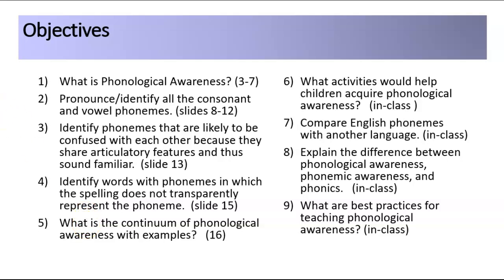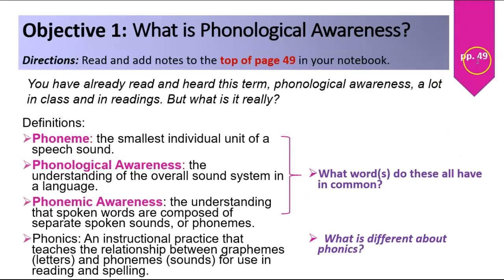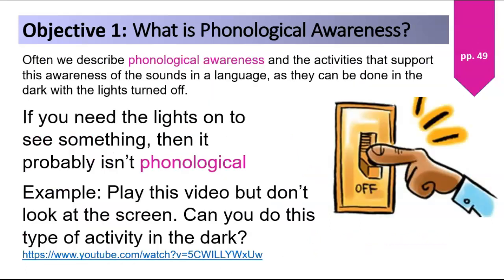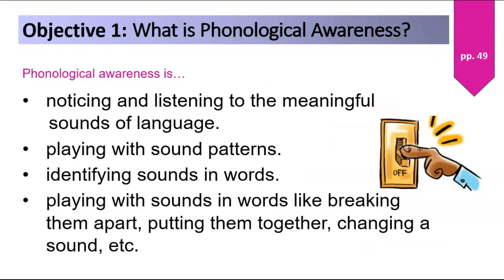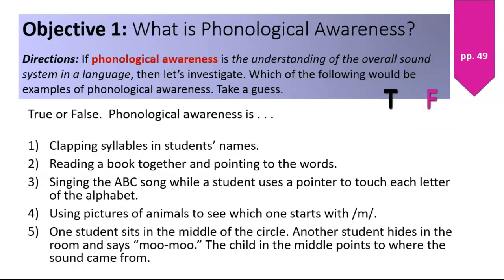So let's get started with objective 1, which is what is phonological awareness. I want you to notice that it says page 49 in your notes. Take notes on slides 4, 5, 6, and 7. So pause, read and take notes, and then you can start again.